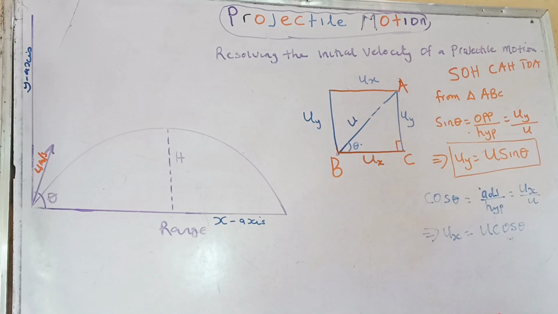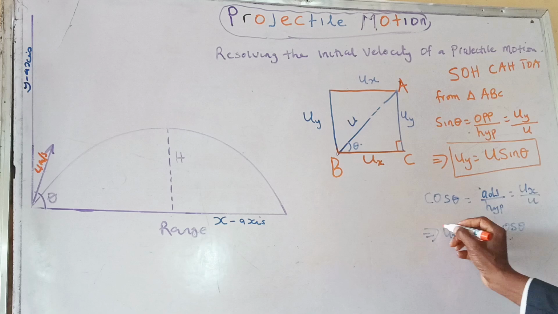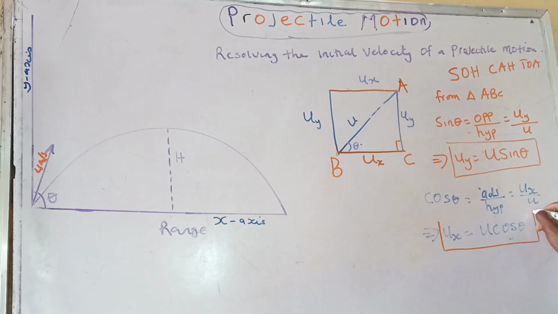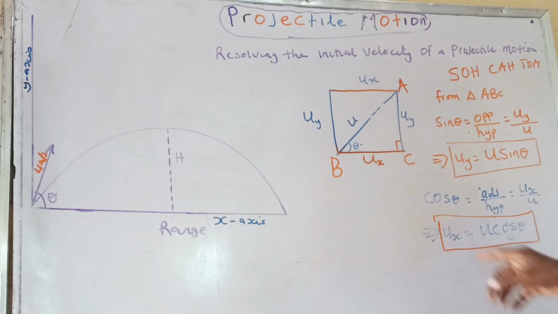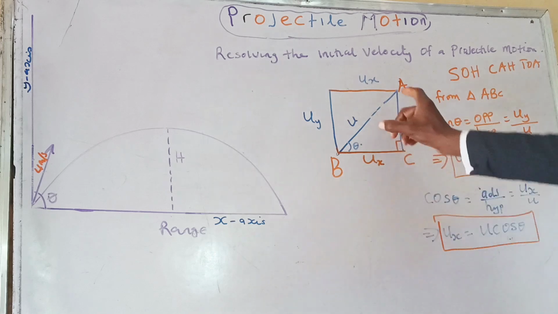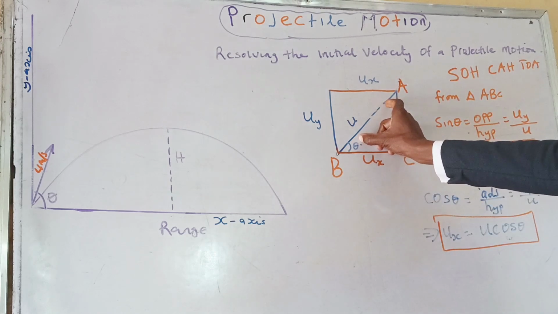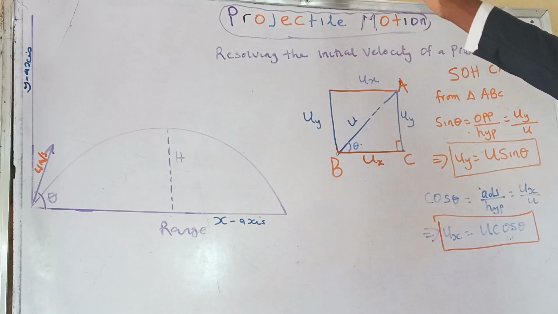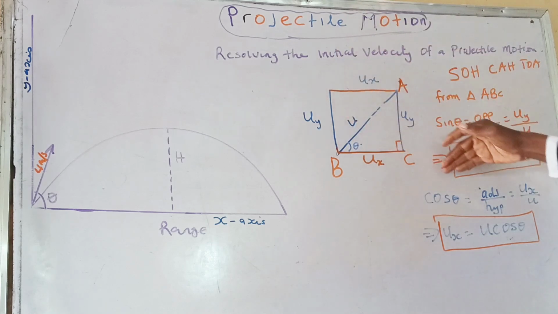Beautiful. So whenever I have to deal with the horizontal component of a projectile motion, I use ux equals u cos theta. So what we've achieved in this video is that we've succeeded in resolving the initial velocity with which a body is projected into a vertical component and a horizontal component.